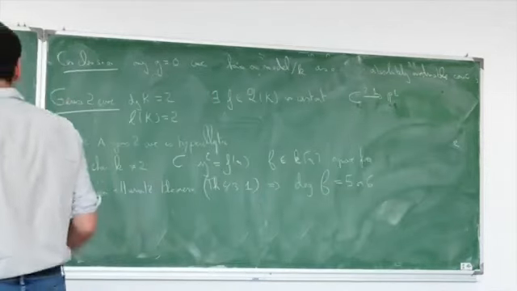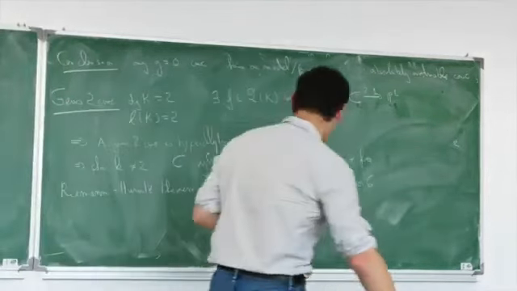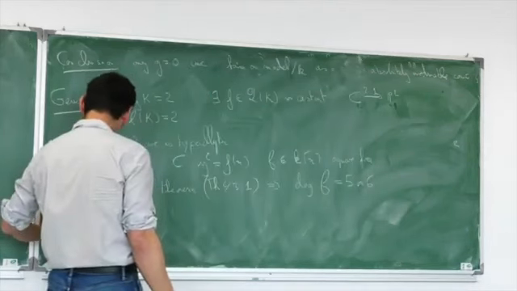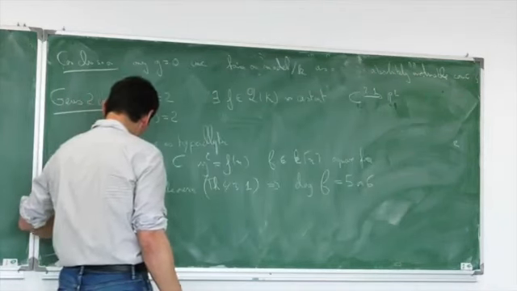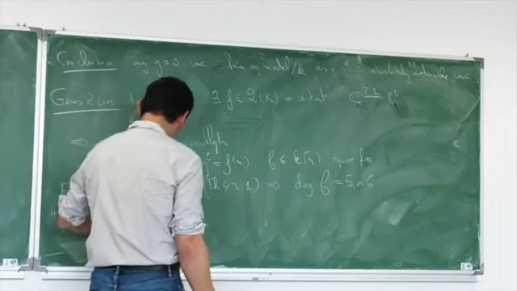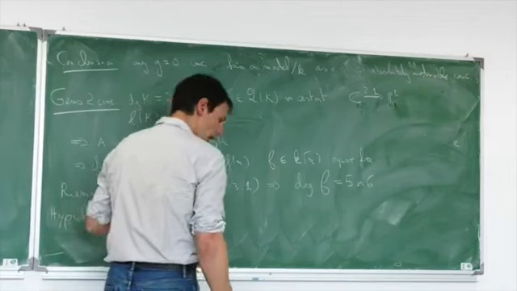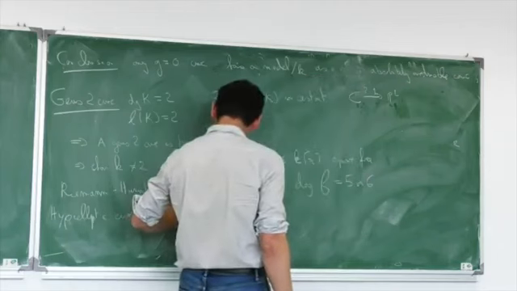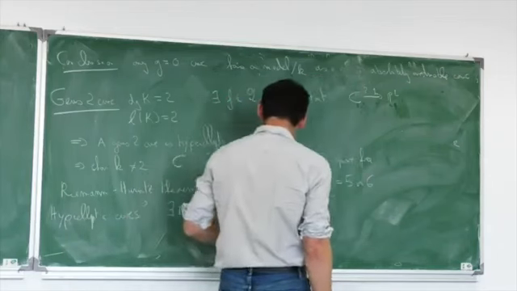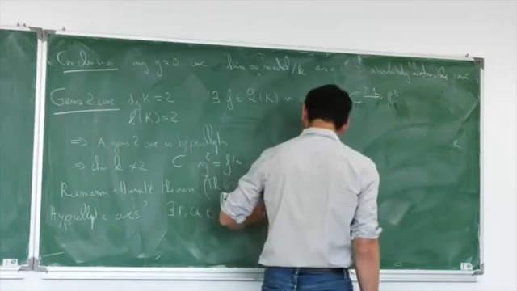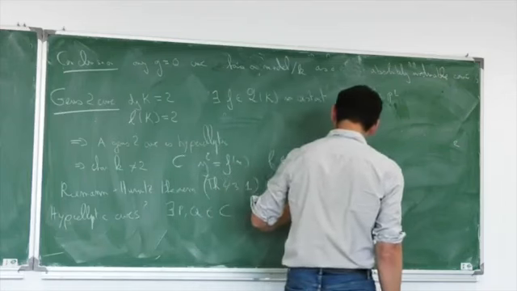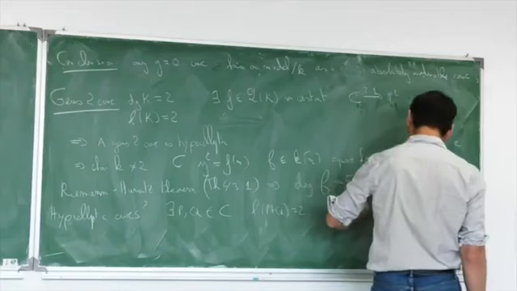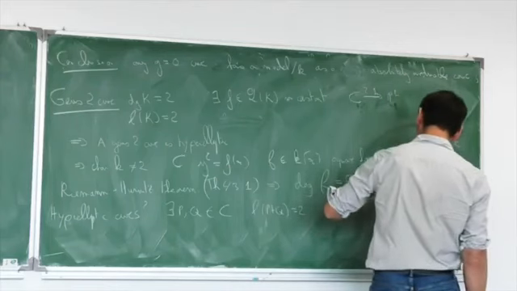Then you could go a bit further and ask, what about hyperelliptic curves in general? First, because there exist P and Q on C such that L of P plus Q equals 2, you have a non-constant morphism from C to P1 of degree 2.